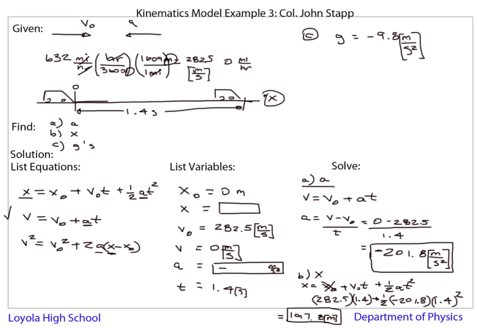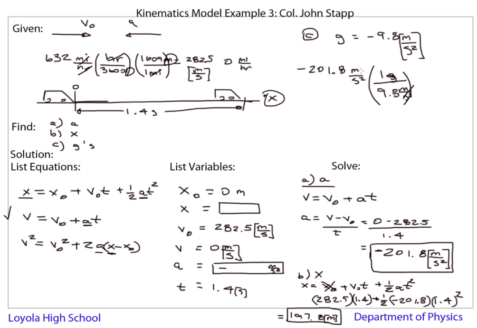So we're just going to use the 9.8 as our comparison. So for part C, negative 201.8 meters per second squared. 1 G is 9.8 meters per second squared. That's what 1 G is. That's a G.